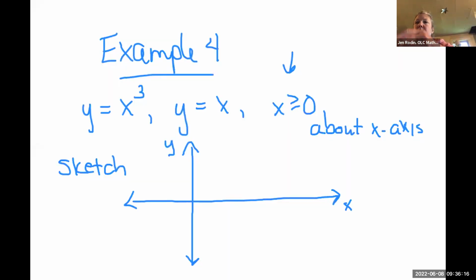So I know when y equals x, if this is 1, maybe make it even bigger. Here's 1, here's 2, here's -1, -1. So when x is 1, y is 1, etc. So that's how y equals x would look.